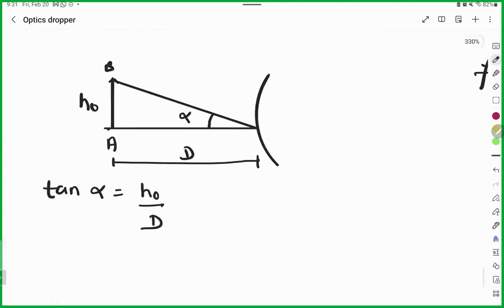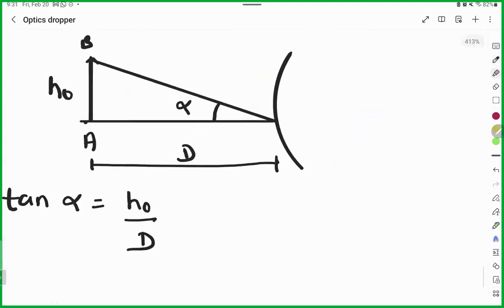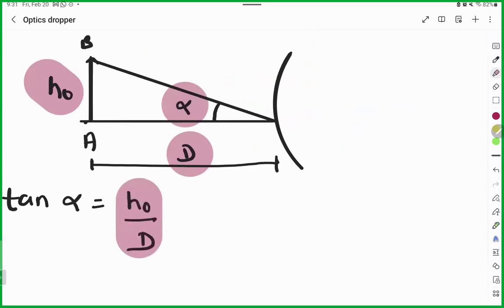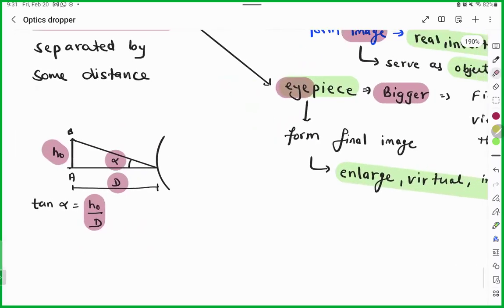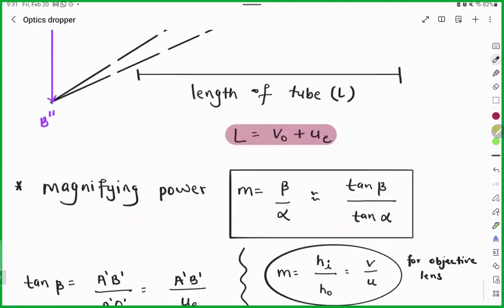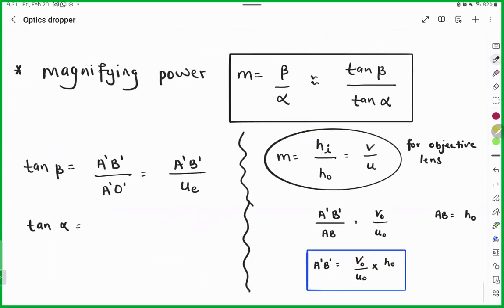See, this is the height of the object. This is the distance, and here you have alpha. So what will be your tan alpha value? H naught by D. Make sense? Yes, sir. Because ultimately, when image is formed in your eye, it will be formed at the best vision, and best vision is available at D distance. So I will write here again also to reduce confusion. Tan alpha will be equal to H naught upon D.